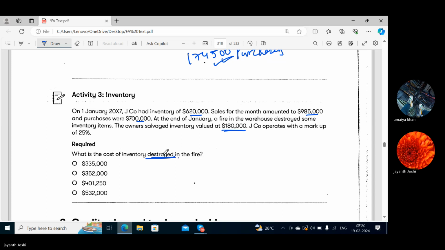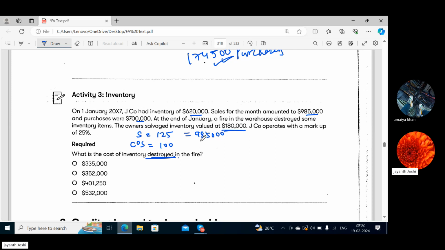First of all, when we say markup, markup is always on cost of sales. So cost of sales is 100, so sales will be 125, and gross profit is 25. So sales figure is given, 125 is equal to 985,000. And purchases is also given.